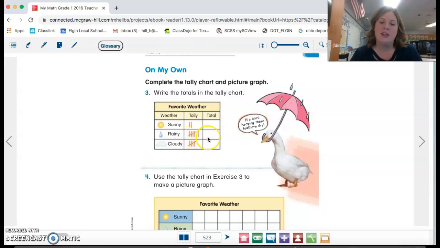Count the tally marks right there, and then put the number in this box. Count how many people like cloudy weather, and then put the number in this box. So you should have these 3 boxes filled up with numbers based on the tallies. So how many people like sunny, how many people like rainy, and how many people like cloudy.